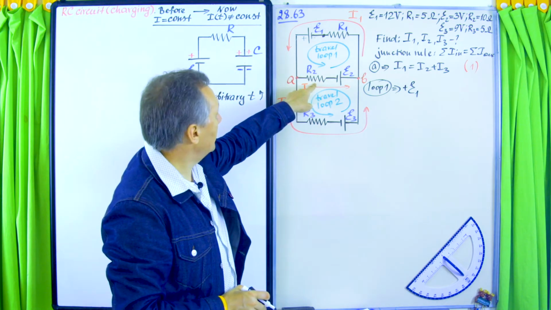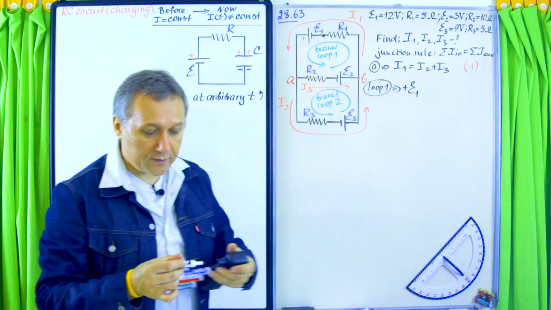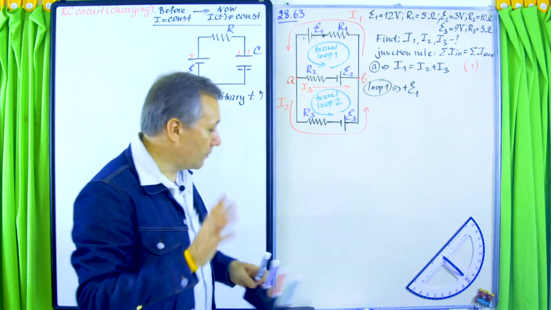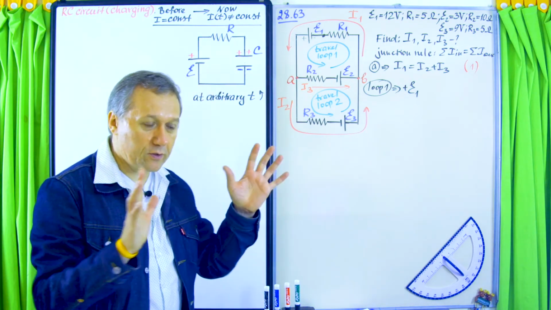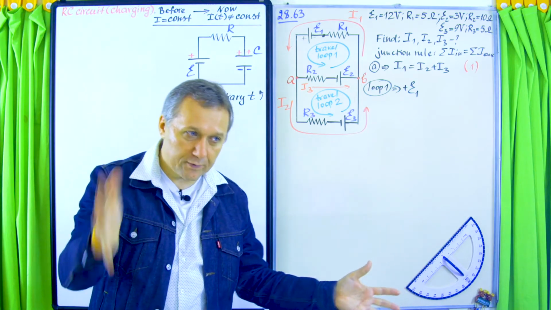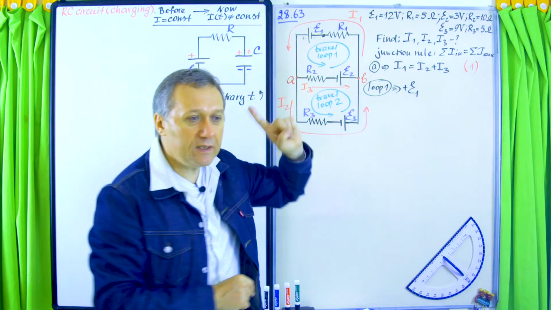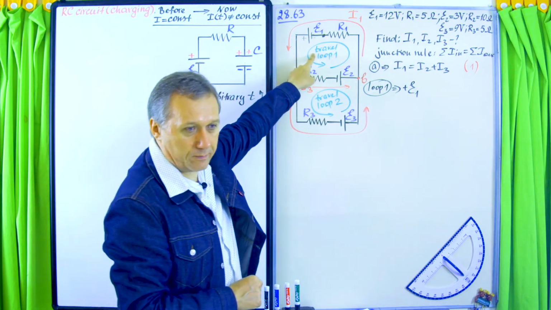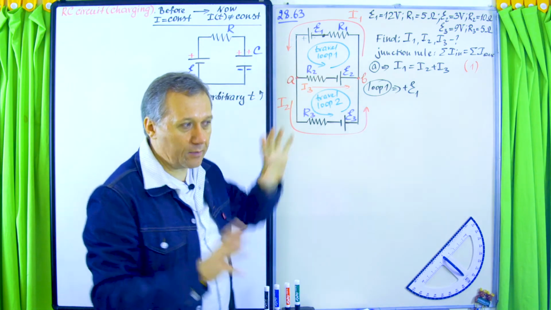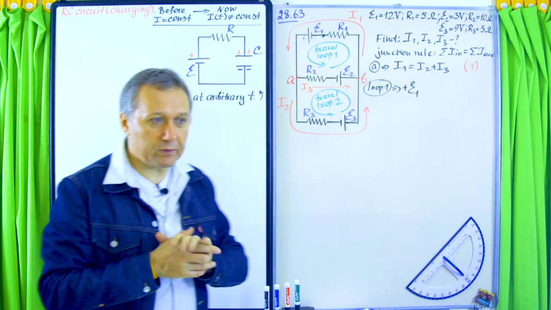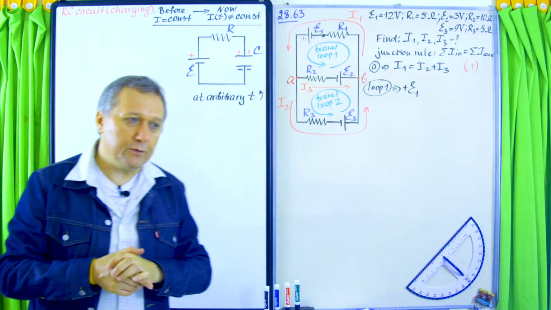When you analyze a resistor, you need to look at both directions, the direction of the current and the direction of the travel. When you analyze a battery, you only need the travel direction. As I mentioned in the previous class, even good students in the past got confused at this point.